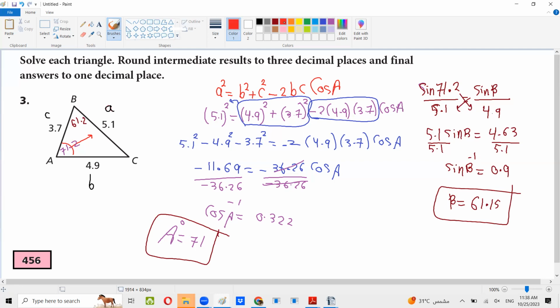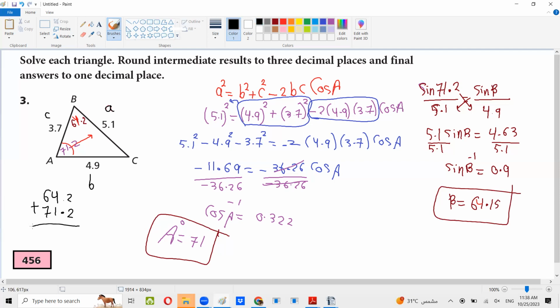No need to use sine again. You can add and subtract from 180 to find the third angle. I will add 64.2 plus 71.2.